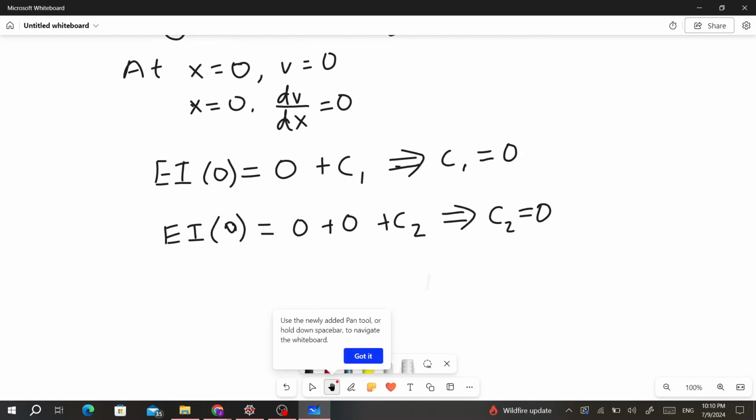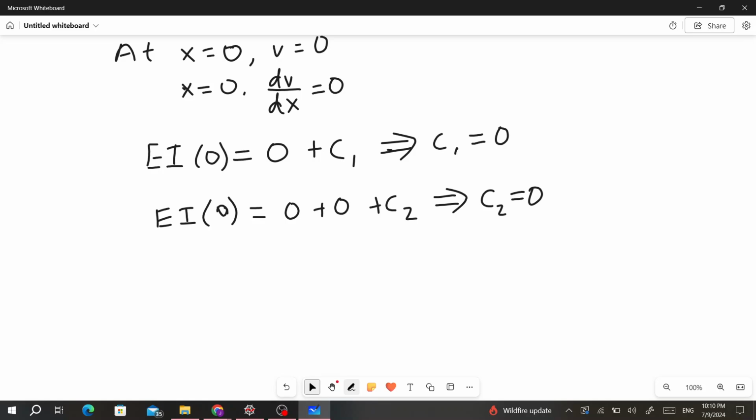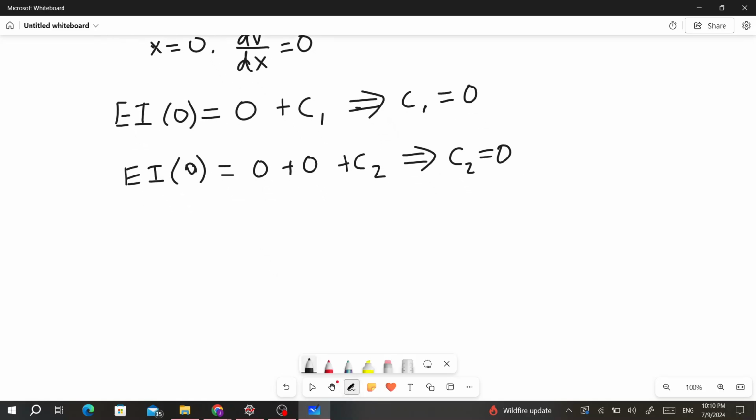And so given that, we can write our expression for the displacement. If we plug our constants of integration, which are both 0, back into equation 2, we have EI v equals minus M naught x squared divided by 2.